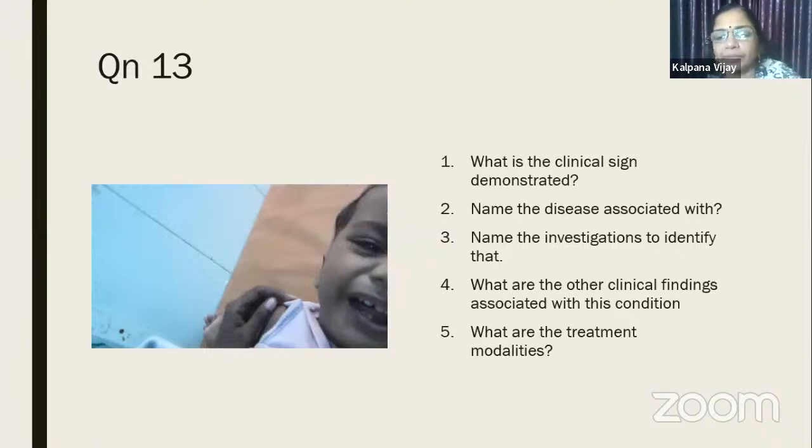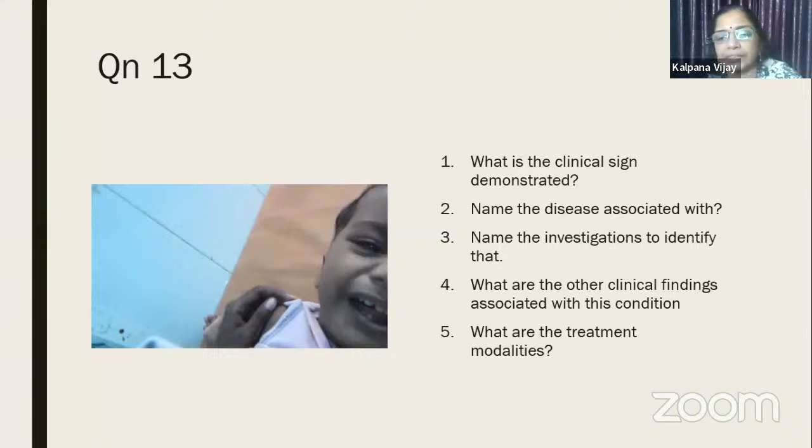So we may have to do a CT or MRI of the abdomen as well as thorax. And the next one will be the metabolite VMA or the neuron specific enolase. But the percentage of yield will be very less.